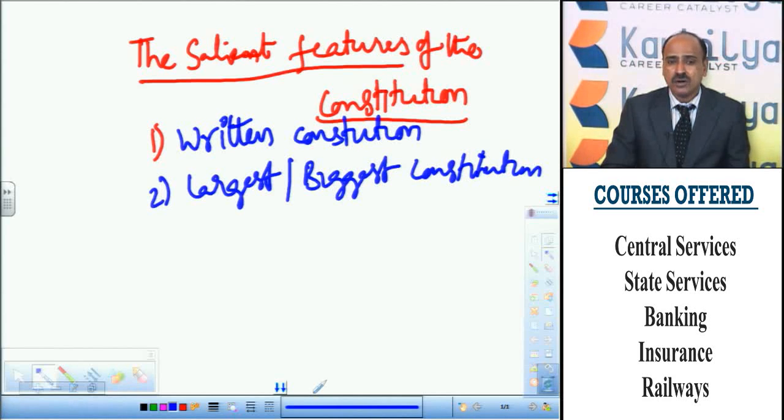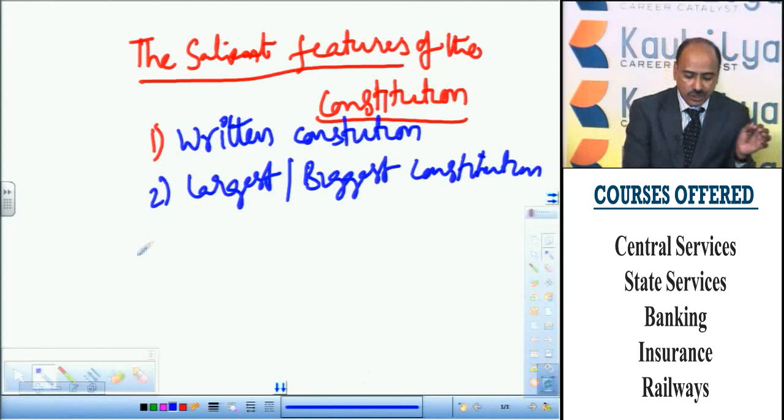That's why our constitution is the largest, biggest constitution in the world. No other constitution has this many provisions arranged.